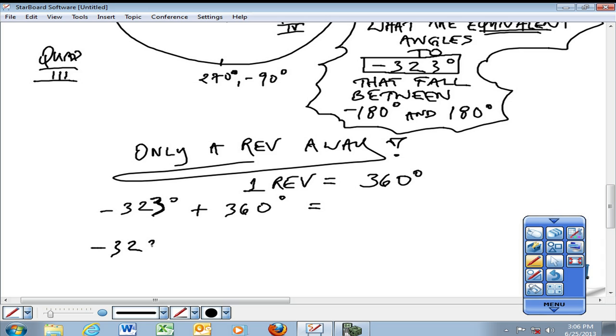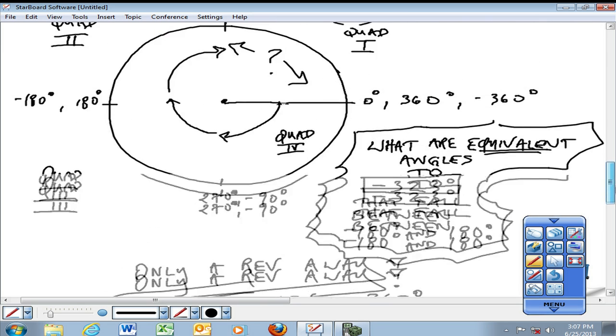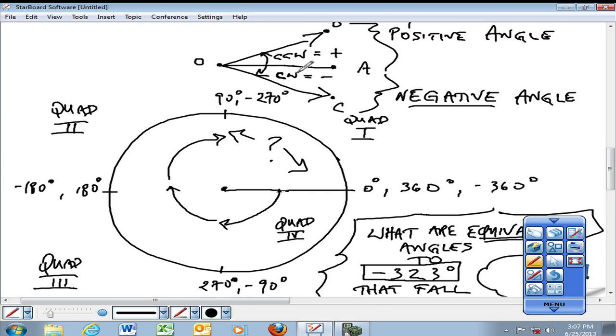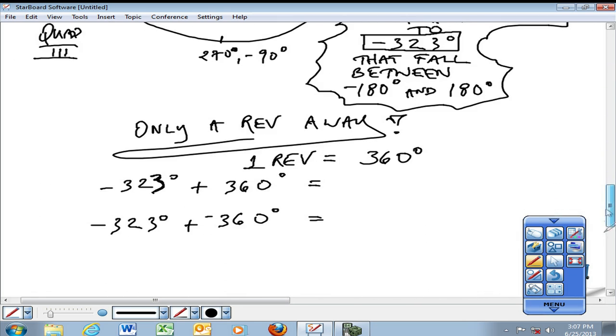Likewise, you can take negative 323 and subtract a revolution. What do you mean subtract a revolution? Notice it's like a minus. That means we're going clockwise. Remember, negative angles go clockwise. So we're going around a whole revolution, but in the clockwise direction.